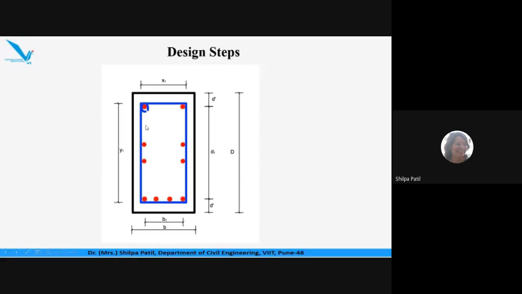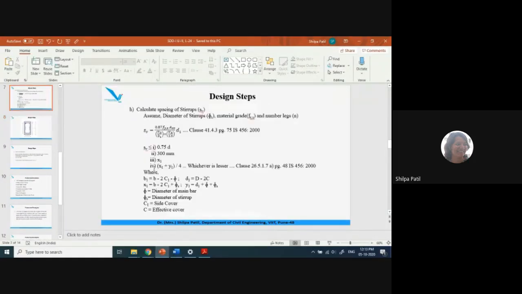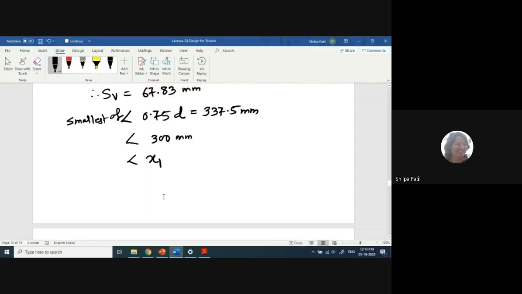So in short, it is phi s, the total diameter of the stirrups. So what is the formula of x1 here? I will write down x1 as B minus 2c1 minus phi s. Okay, so put the values. B is 300, c1 is 30, phi s is 8. Put the values and tell me the value of x1.